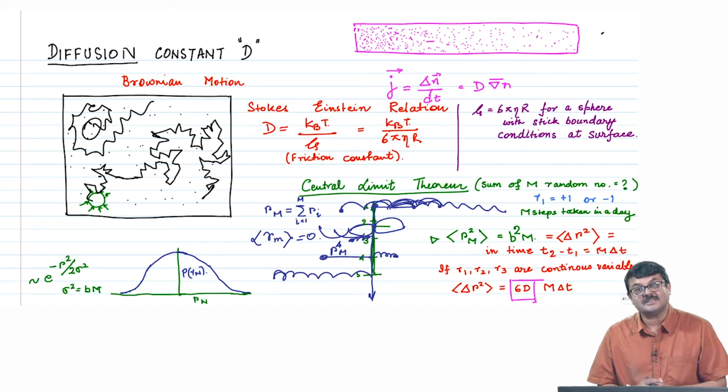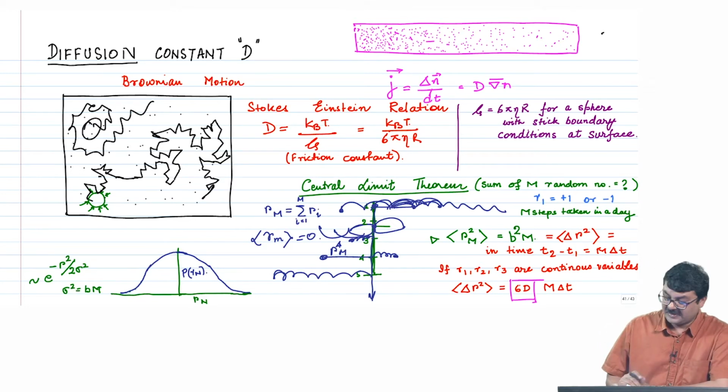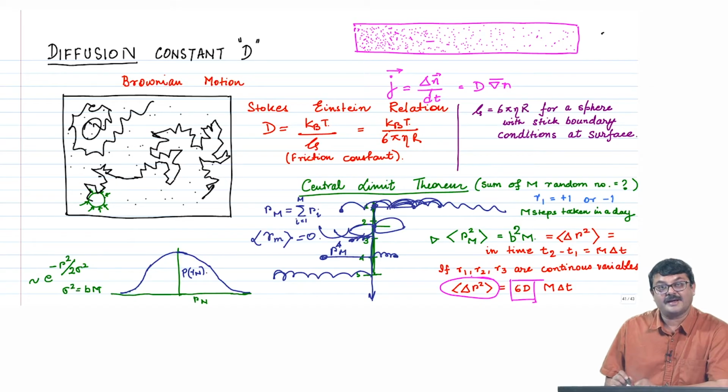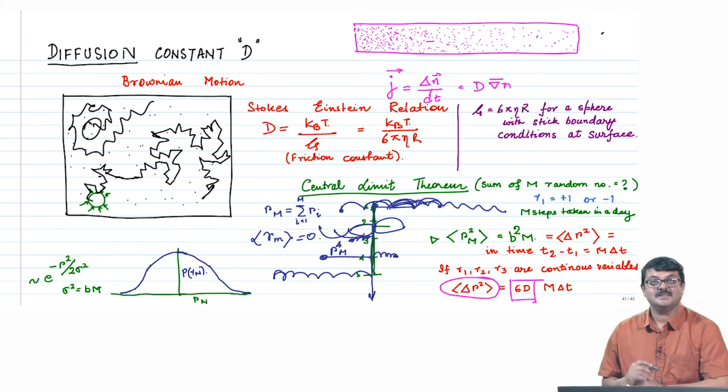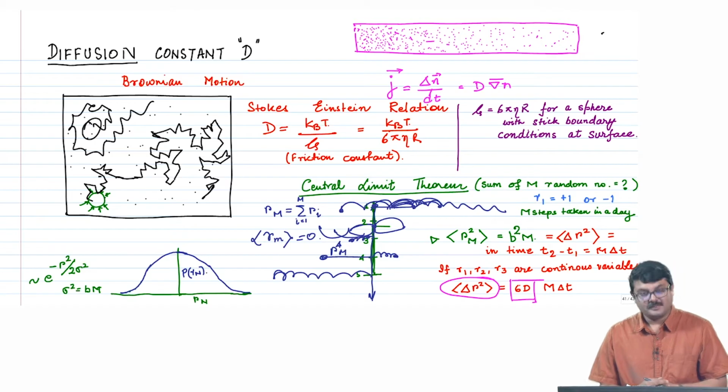So, the prefactor 6 is by convention. This diffusion constant is essentially measuring the amount of displacement square average due to a large number of collisions divided by t. That is the definition of the diffusion constant. These collisions are happening due to interactions between particles.